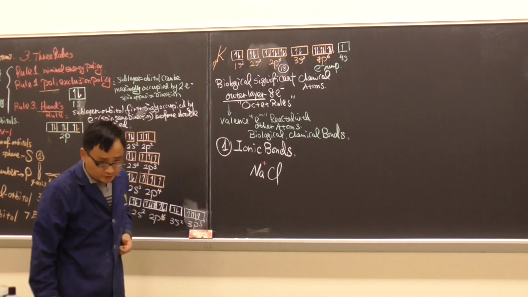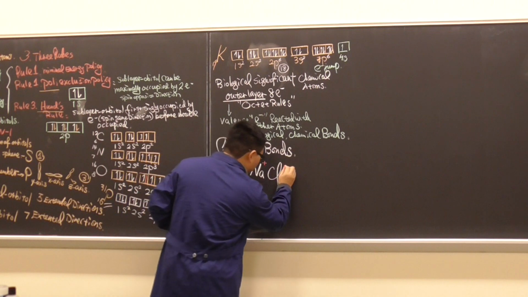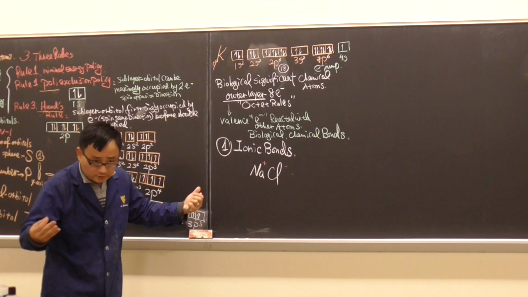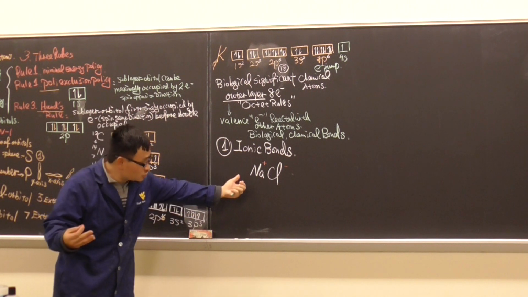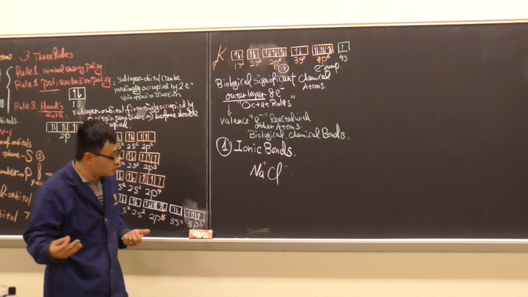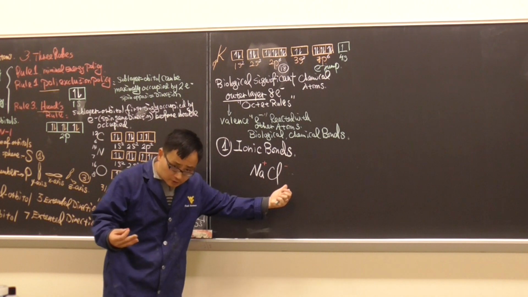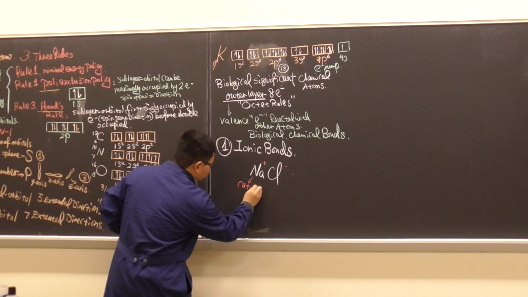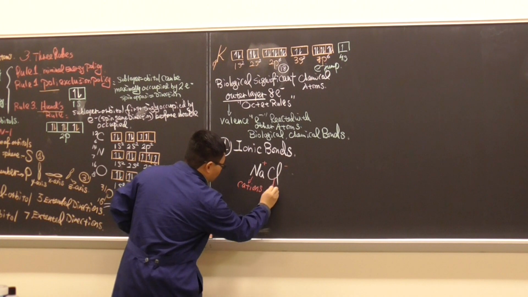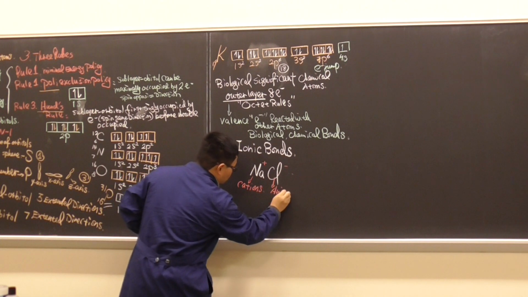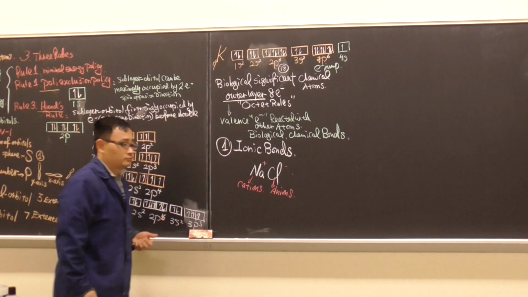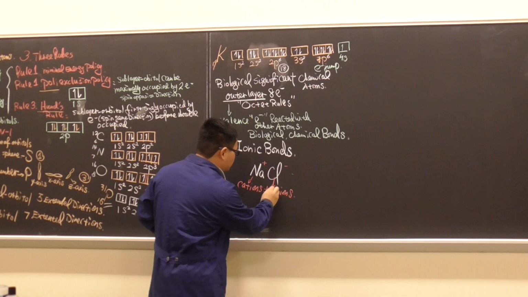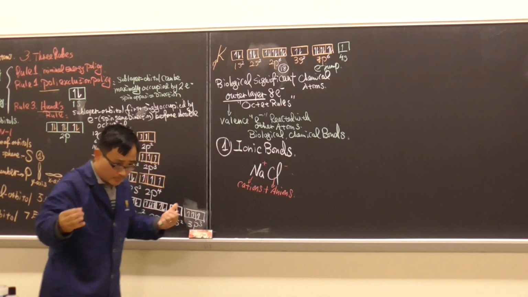Sodium is positively charged. Chloride is negatively charged. So they attract each other, is that right? Why? Because sodium loses 1 electron, and chloride gains 1 electron. So this one we call a cation, and this one we call an anion. So ionic bonds are basically cations and anions attracted to each other.